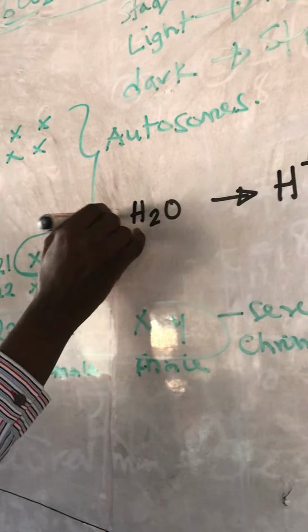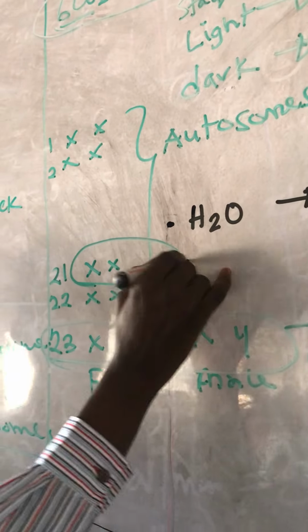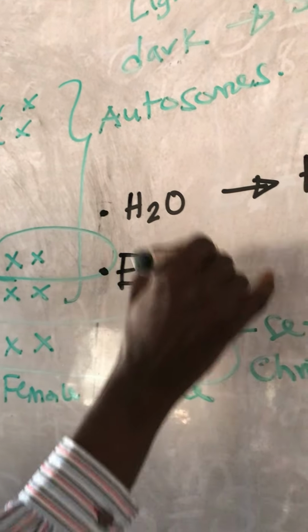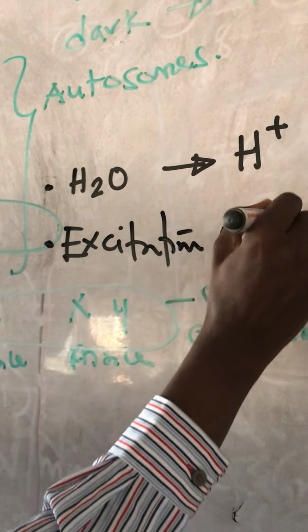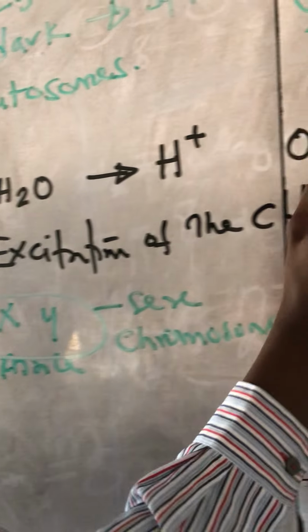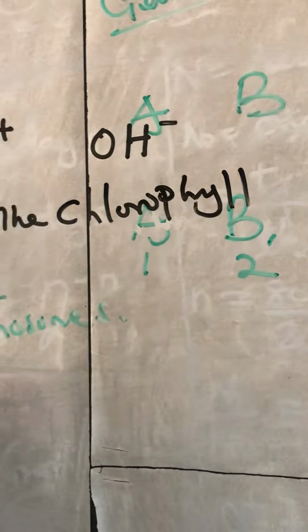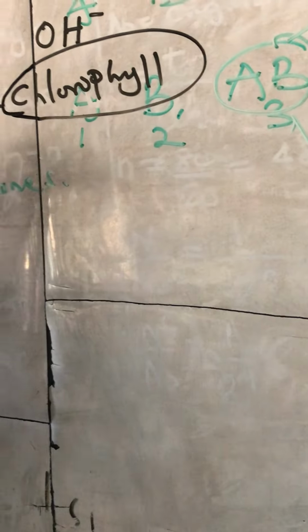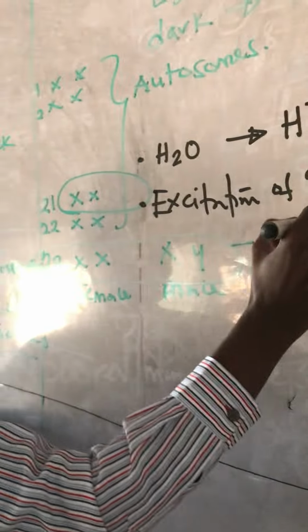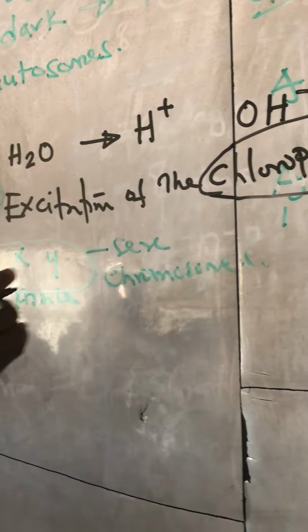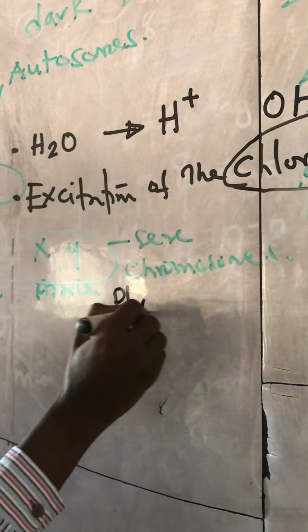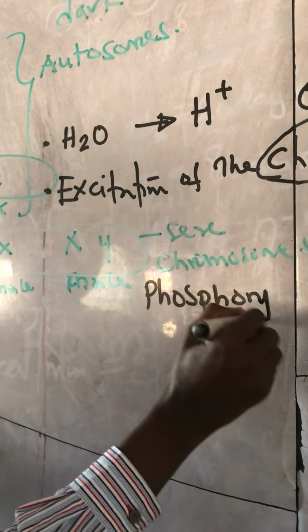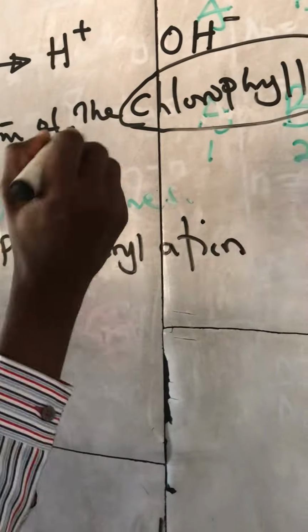Now, we are also going to have the excitation of the chlorophyll. What will happen in the excitation of the chlorophyll is that the sunlight energy is going to excite this chlorophyll. That is now going to give us our energy. That energy will now lead us to what we know as phosphorylation. What do we mean by phosphorylation?